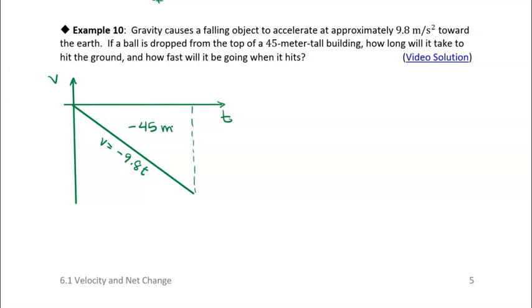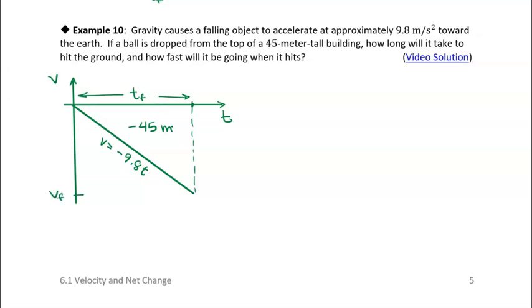So based on this, we want to figure out how long it takes to hit the ground. Again, I'm going to call it T final. It's this horizontal leg of the triangle, right? This point here is really my T final. The length of that leg of the triangle is V final.